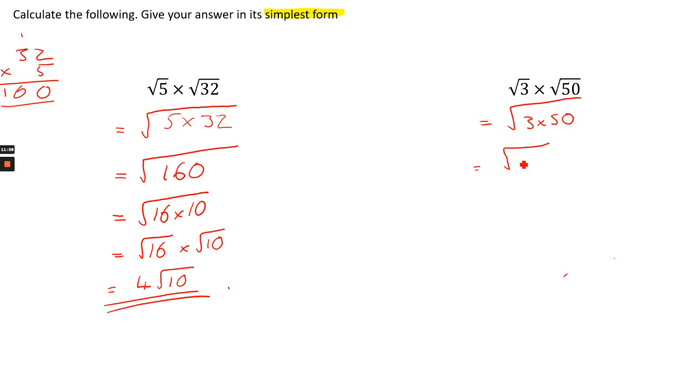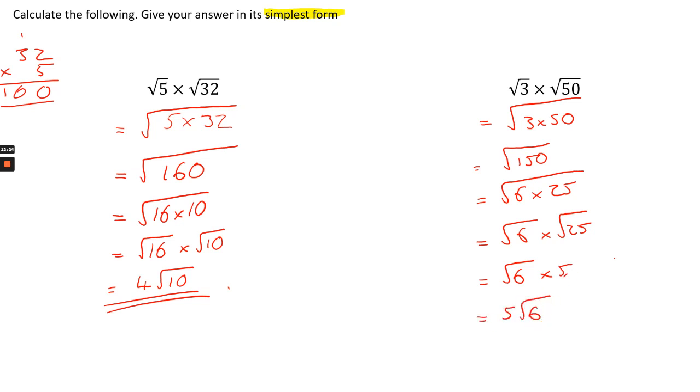That gives us the square root of 150, which is then broken down into the square root of 6 times by 25, which is the square root of 6 times by the square root of 25, which is then root 6 times by 5, and we'll write that as 5 multiplied by root 6. Okay. In each case, I've reformed them into one square root and then found the simplest form.